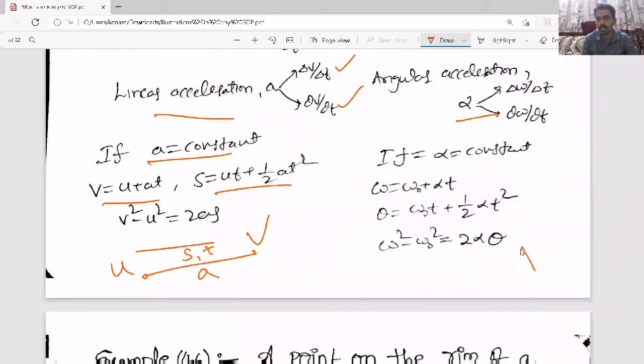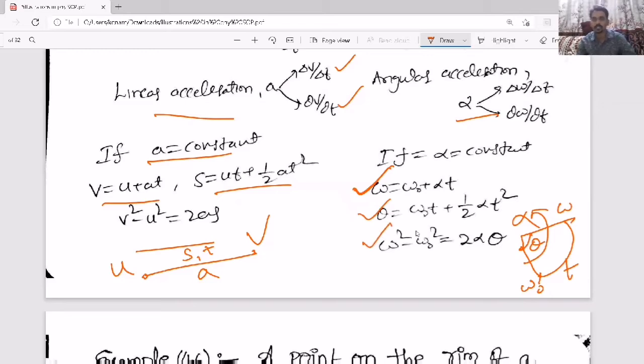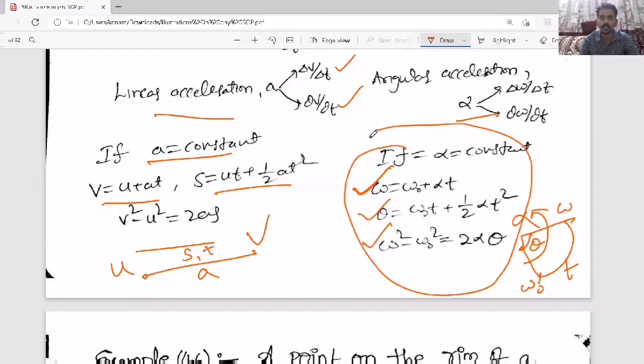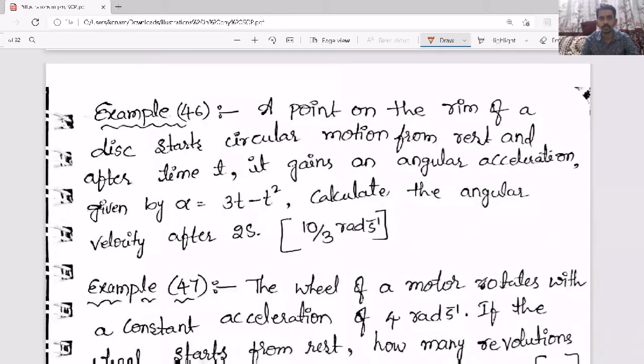Similarly, when a body is rotated from one point to another with an angular velocity omega naught, final omega, after covering a displacement theta in a time t with an angular acceleration alpha, then these are the formulas: final angular velocity, total angular displacement, and the relation between angular velocity and displacement. So based on these, questions can come, and we call these kinematics of rotational motion.